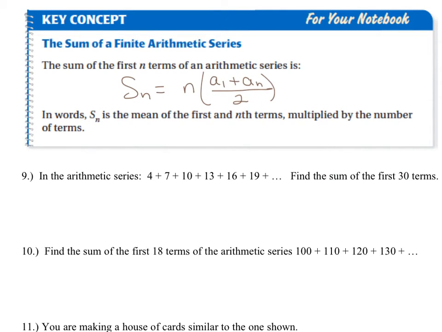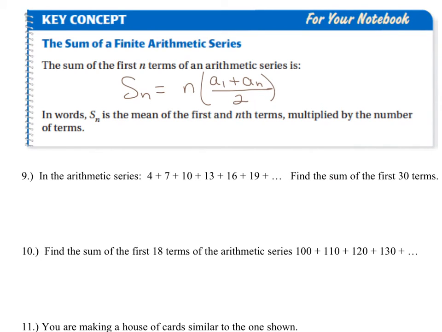So in order to use this equation, we need to know n, which is the number of terms, which we know is 30, a sub 1, which is the very first term, which we know is 4. We need to know the last term, in this case, the 30th term. So we don't know what a sub 30 is. So we're going to have to figure out what a sub 30 is before we actually figure out the sum.